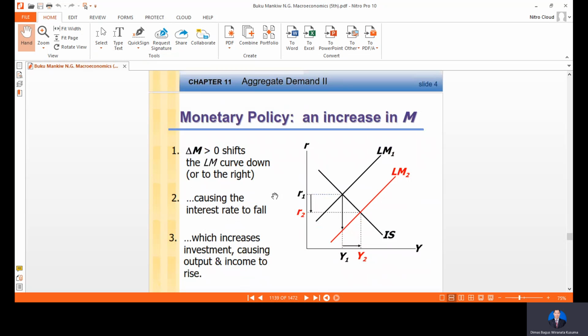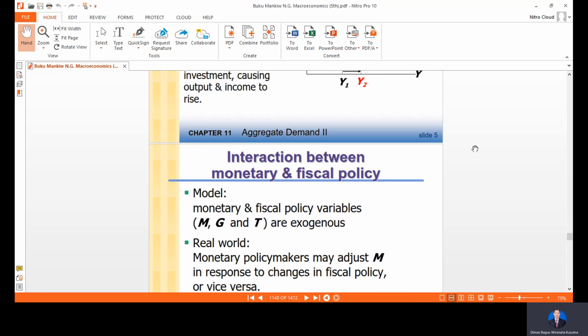And the next one is about monetary policy, an increase in M. So the money supply, for example, here increases, so it shifts the LM to the right. You can see the interest rate going down, and the national income also increases, with increases in investment causing output and income to rise.